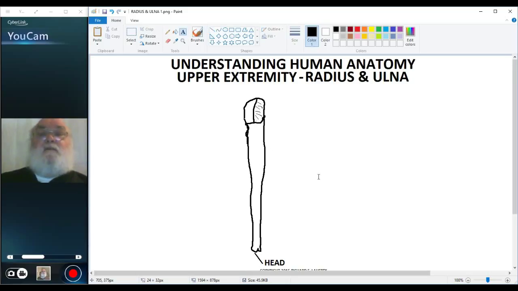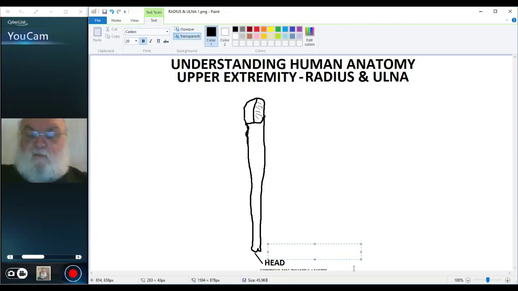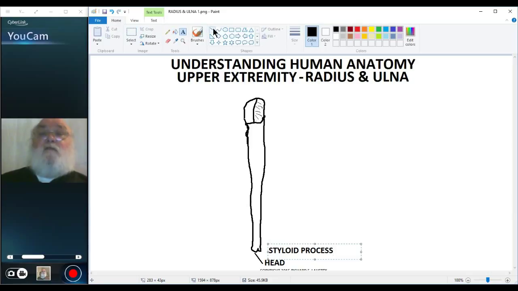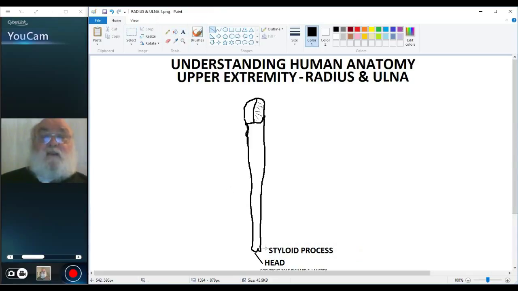And I said there was a styloid process, and the term styloid comes from the word stylus, which means needle. So this is a sharp process.